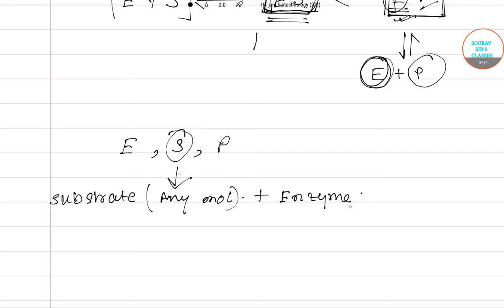Now the active site is the region, or the pocket, of the enzyme where the substrate is binding.